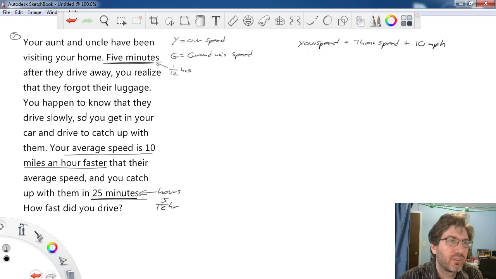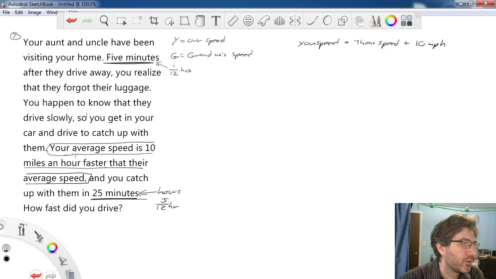Your speed is going to be equal to their speed plus 10 miles per hour. That way you'll have the same speed because you're going 10 miles faster than they are. So their speed plus 10 is going to be your speed. That's coming right from this: your speed is 10 miles per hour faster than their average speed.